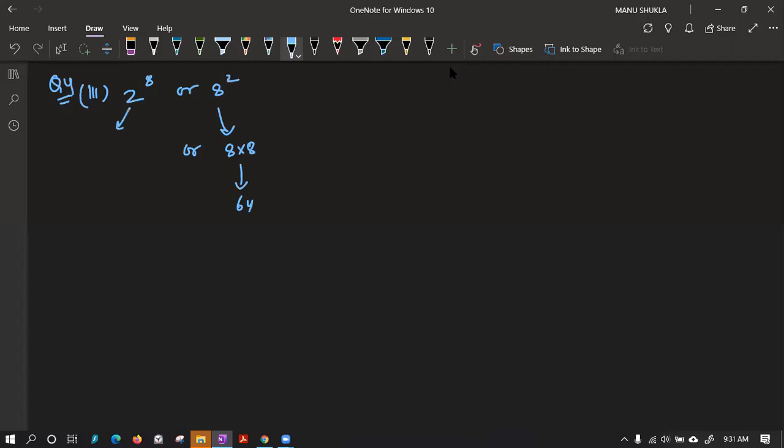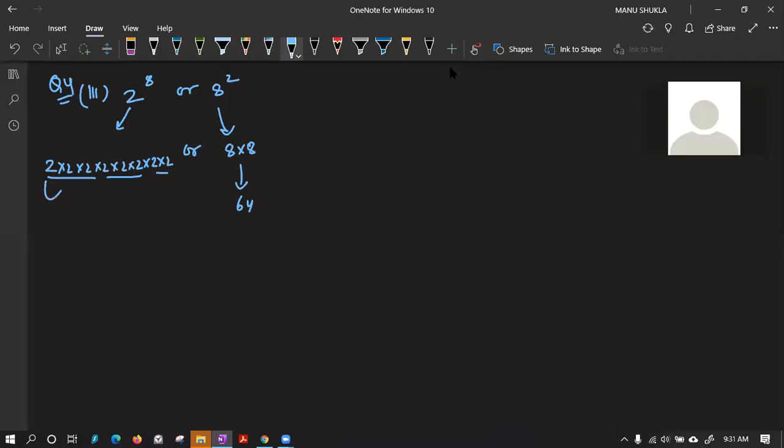Similarly, if you have time and you want to check every step properly, you can write 1, 2, 3, 4, 5, 6, 7, 8. But it is not actually required. By observation you can say 2, 4, 8, 16, 32, 64, 128.